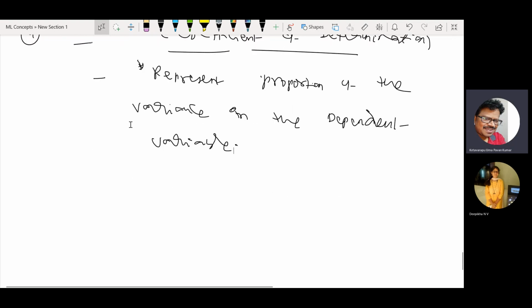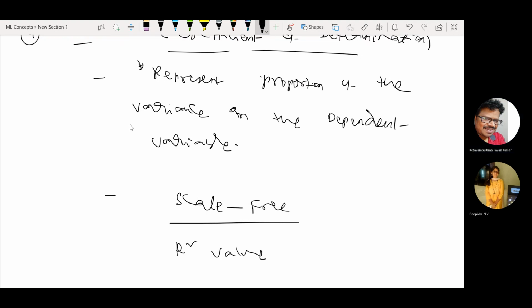And what is another advantage, friends? Another advantage is that it is scale free. Irrespective of the values being small or large, the R square value will always be less than 1. Remember this point, guys.